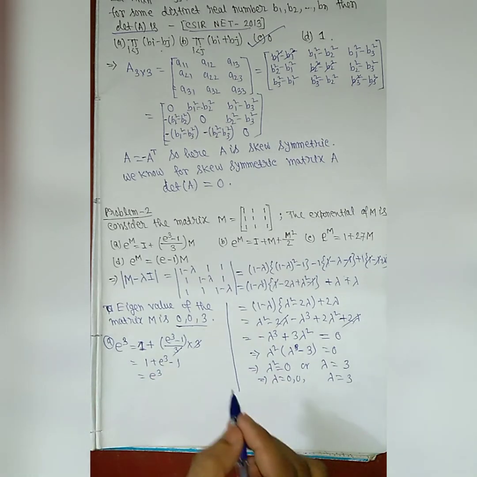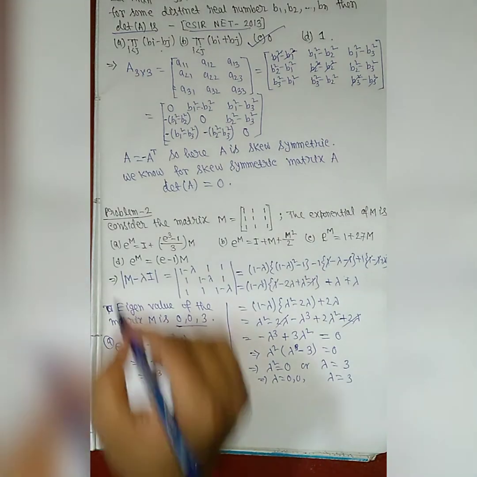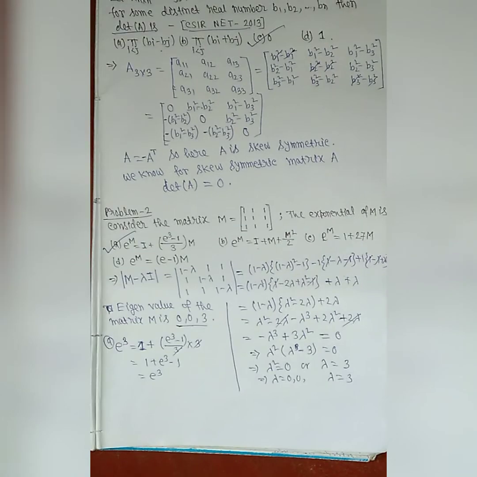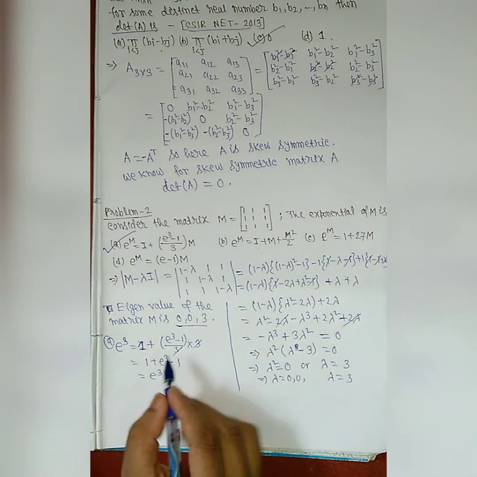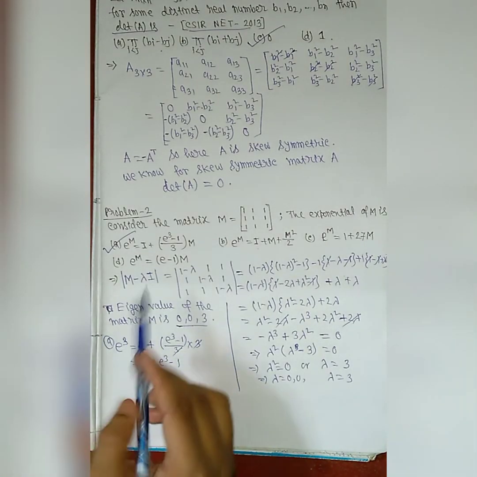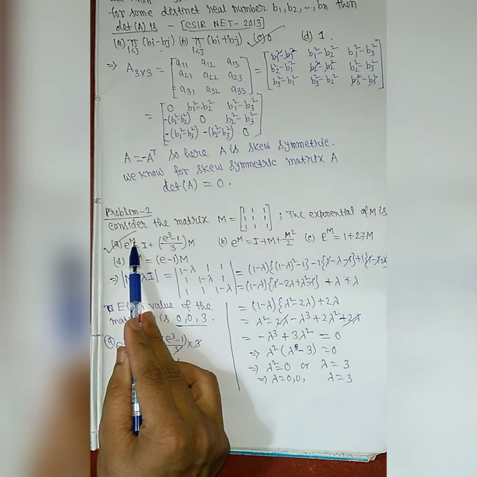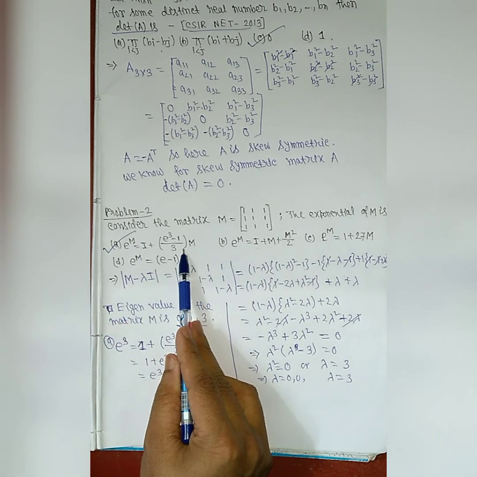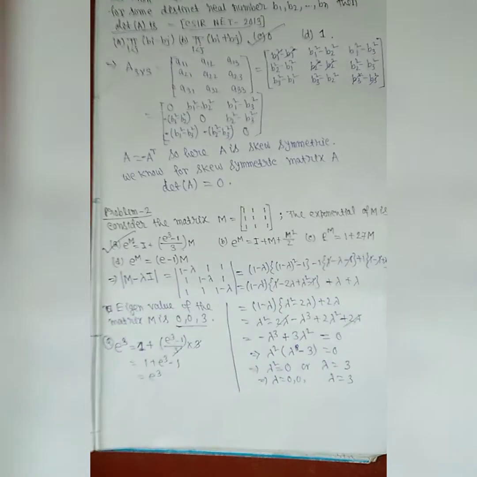So option A satisfies the eigenvalue. Since if we put the eigenvalue in the place of M, it satisfies this equation, so option A is my correct option.